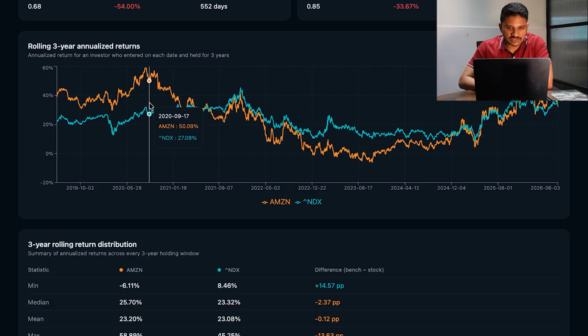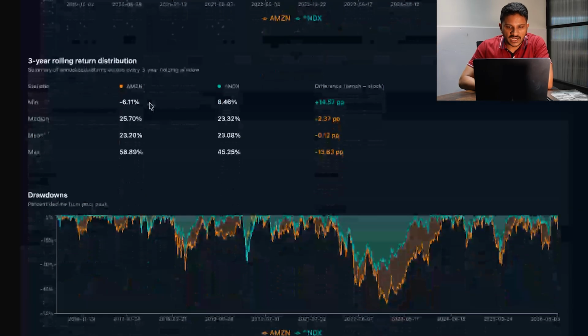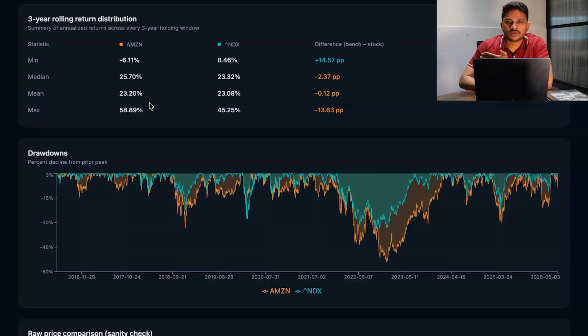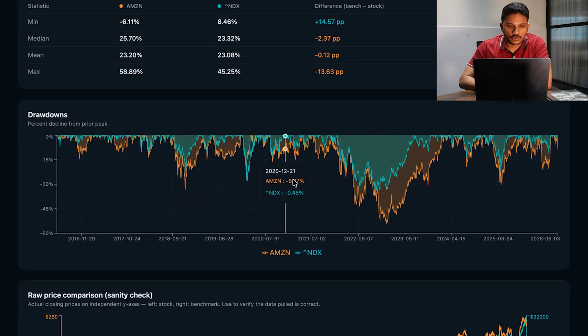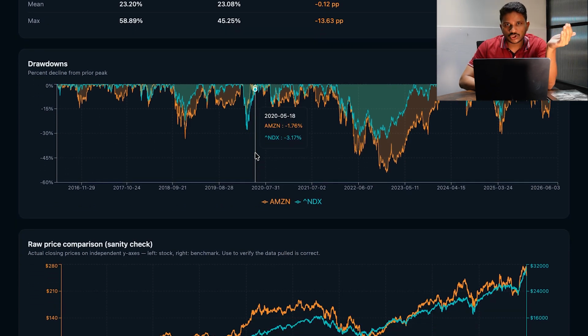So that's what this graph says, and whatever we've seen about the risk metrics in terms of drawdowns is clearly visualized here. The blue line seems to be mostly under the yellow line here, apart from the small aberration during the COVID time.